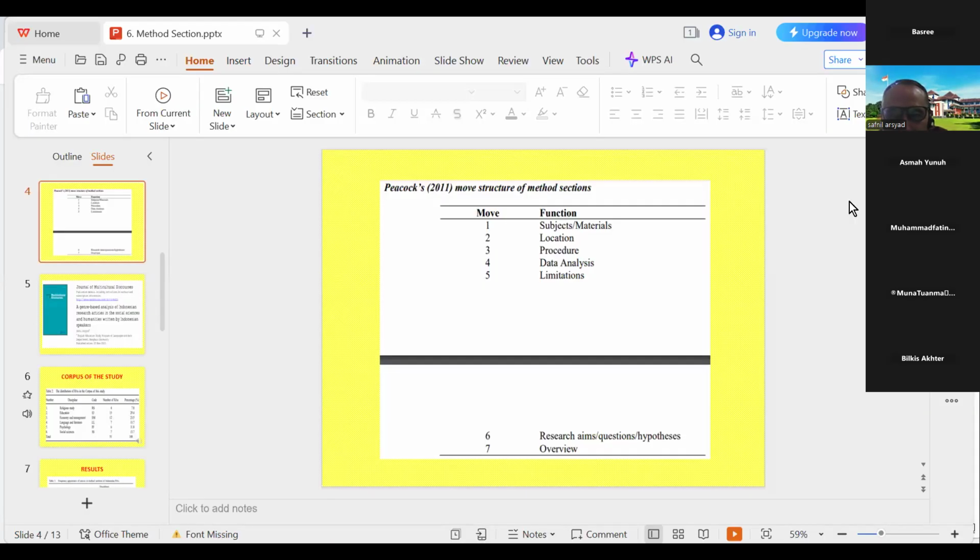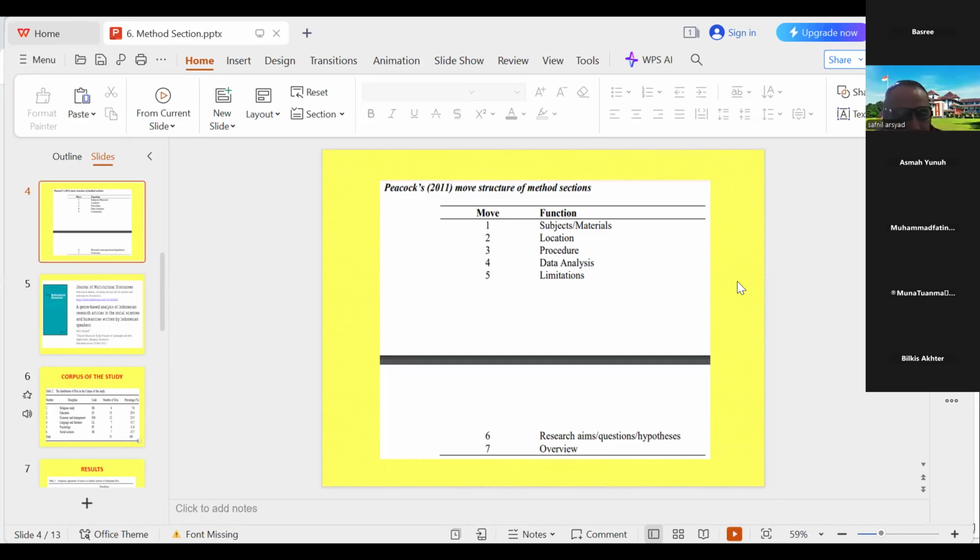Peacock has 7 moves, but maybe a different order. I use Peacock's model, but I found the overview is the first one.